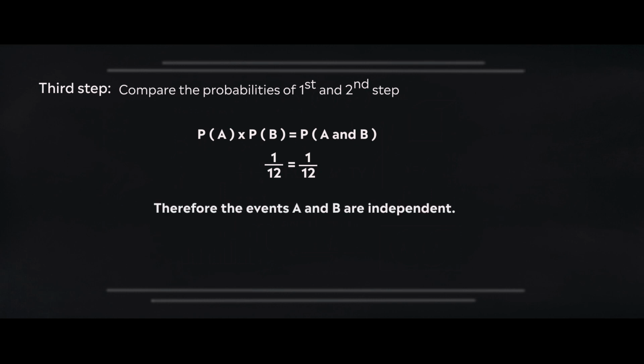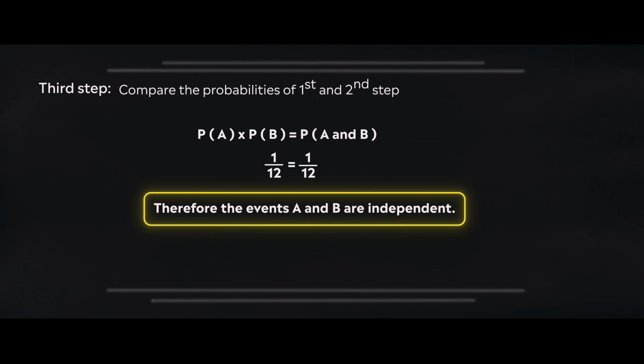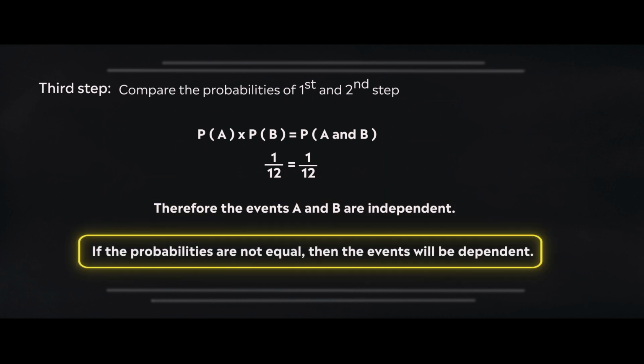Therefore, the events A and B are independent. So when the probabilities are equal, you can conclude that the events are independent. But if the probabilities are not equal, then you can conclude that the given events are dependent events.